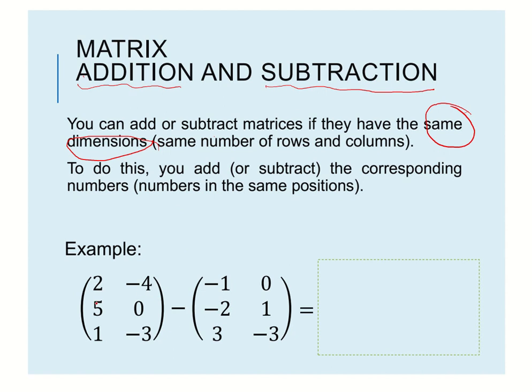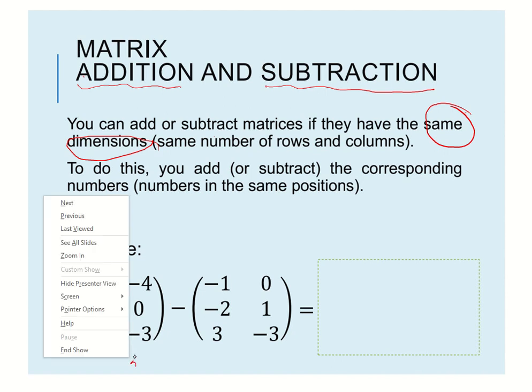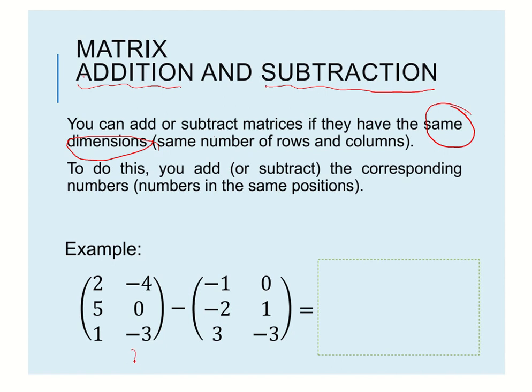For these two matrices, first we check the dimension. The dimension is 3 by 2, 3 rows by 2 columns. And the second matrix is 3 rows by 2 columns as well. So they have the same dimension. Now we can perform the operation.